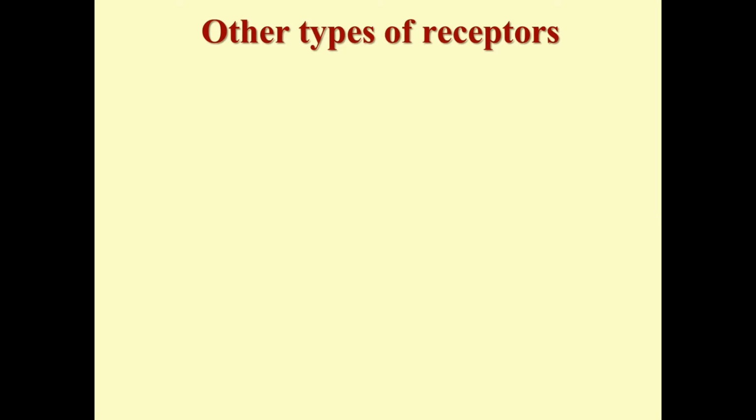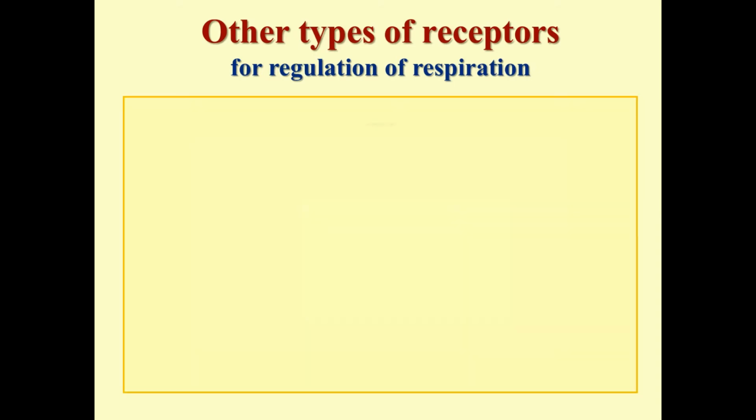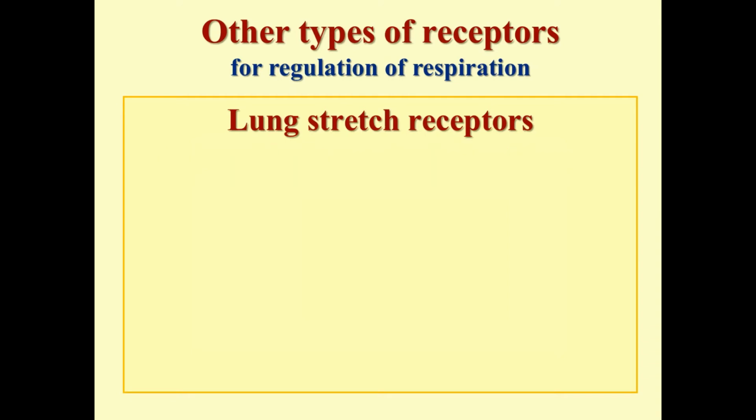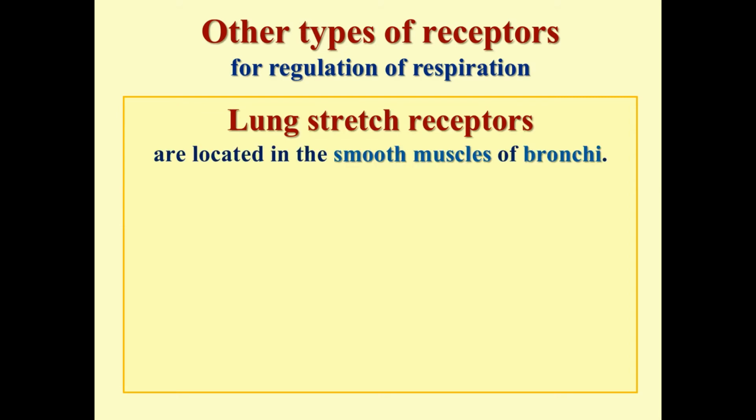Let's consider other types of receptors, other than chemoreceptors, that also influence respiration. Maybe first to be mentioned after the chemoreceptors are the lung stretch receptors. These are mechanical receptors, and regardless of being called lung stretch receptors, really they are located not within the lung tissue itself, but in the smooth muscles of the bronchial walls.